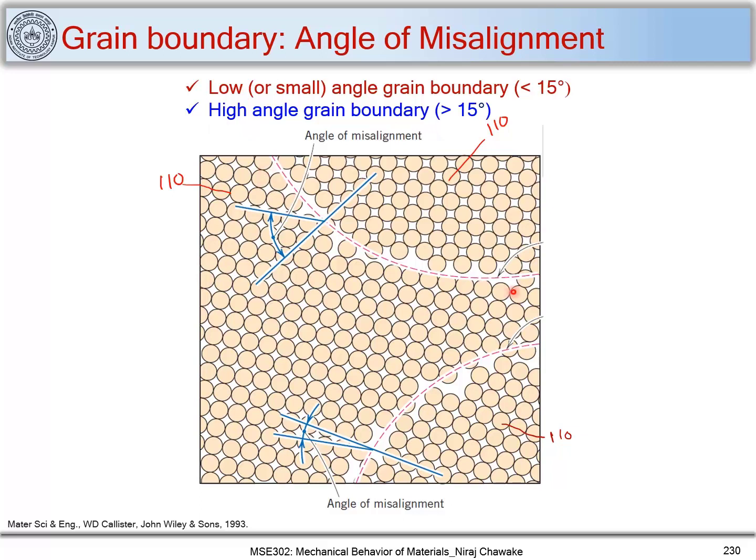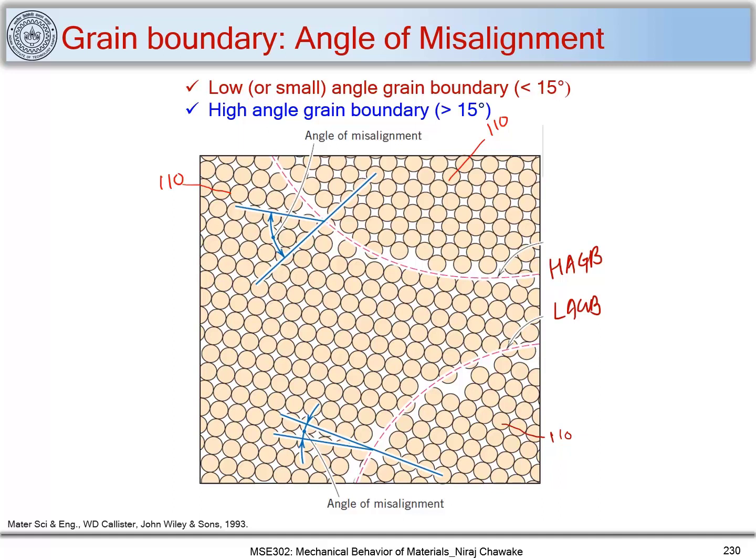So in this case, let's consider this angle of misalignment to be greater than 15 degrees, so the boundary here we will call a high angle grain boundary, and the boundary here where the misorientation angle is smaller, less than 15 degrees, I call a low angle grain boundary. So let me write it down here. So this will be low angle grain boundary and this will be high angle grain boundary.